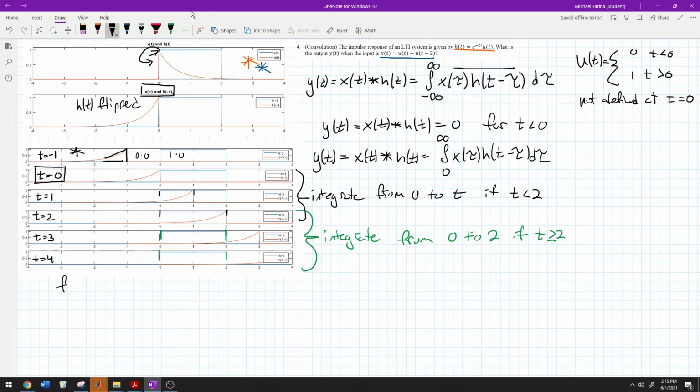We can actually do it kind of generic to start. Let's just go from a to b. So y of t is the integral from a to b of x of tau h of t minus tau d tau, and x of t is just a pulse with magnitude 1, so that's going to be 1.